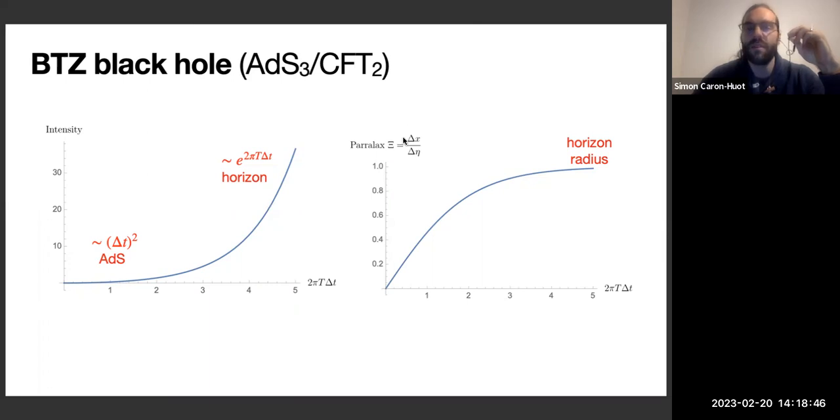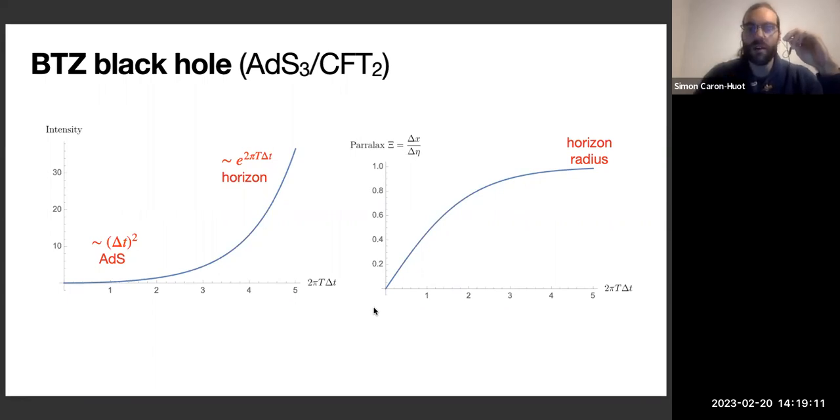The other thing is the parallax that I already discussed, which is how much you move your head to get the change of distance. That's a proxy for the bulk radial coordinate, and it freezes as a particle approaches the horizon. So these are things you can measure.